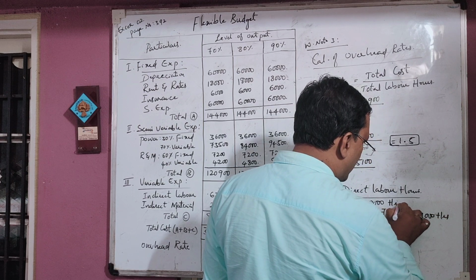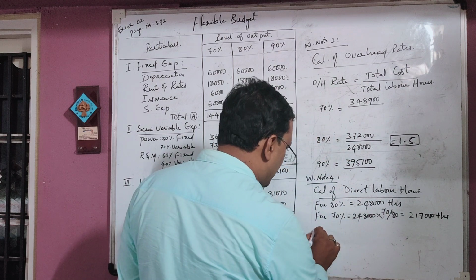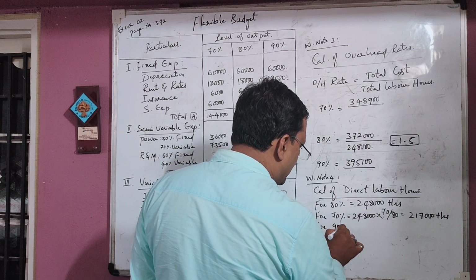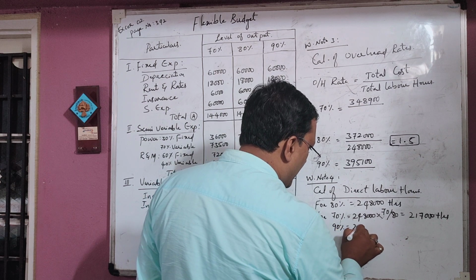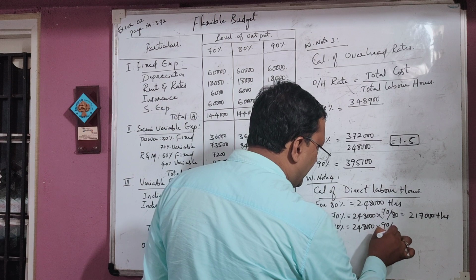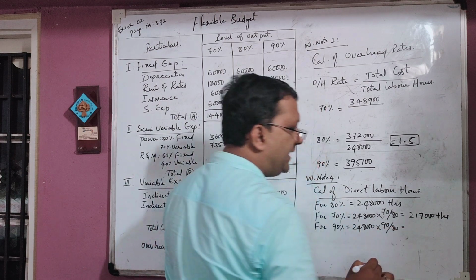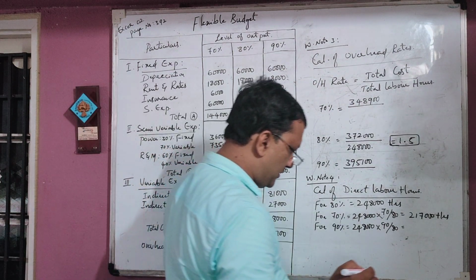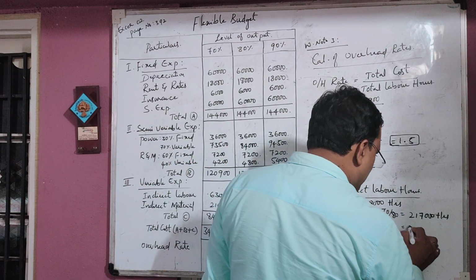Here it is 2,48,000 hours. Next, for 90%, 2,48,000 into 90 divided by 80, base is 80, is 2,79,000 hours.